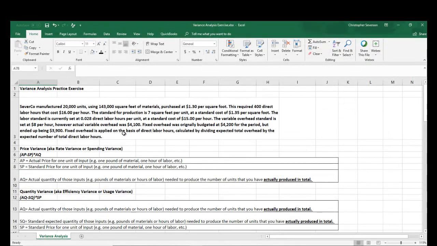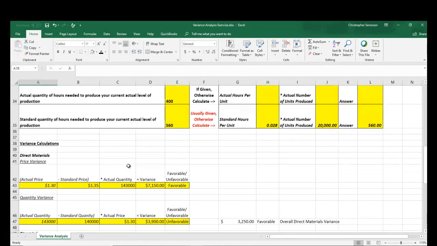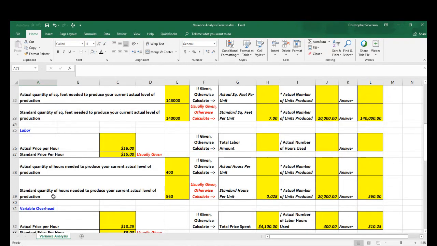So they don't give us any other information. So 560 would be our budgeted quantity from, where do we see that here? Oops, up above. 560 is our standard quantity of hours.